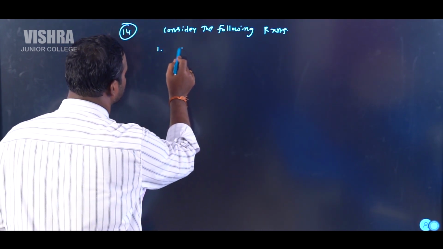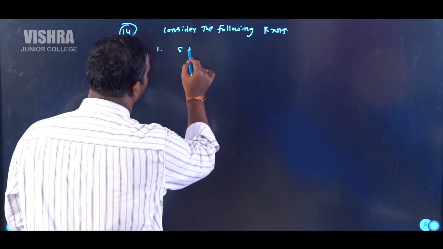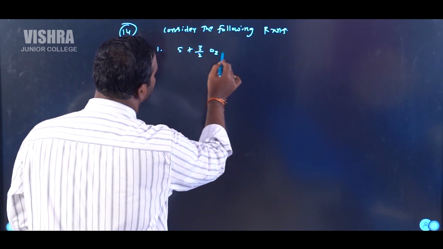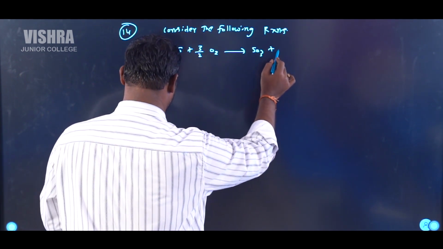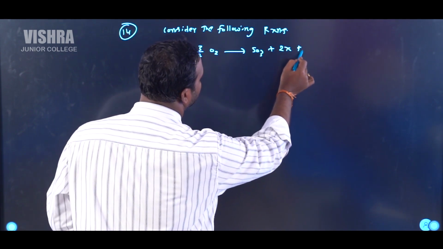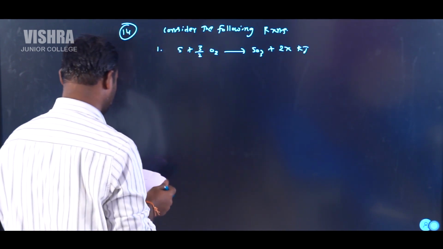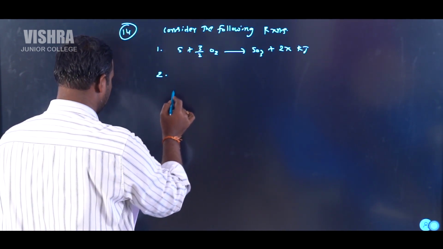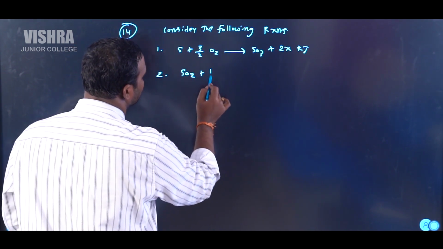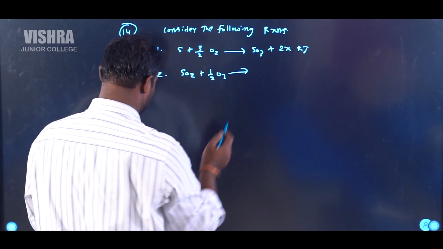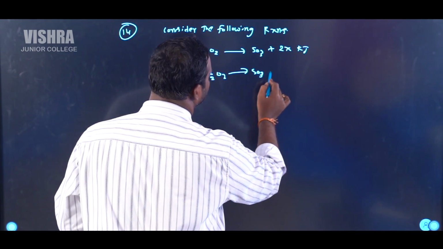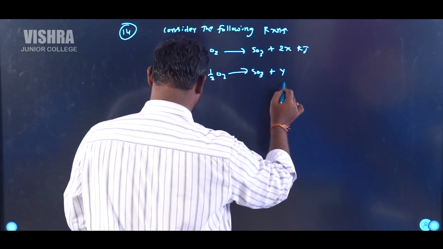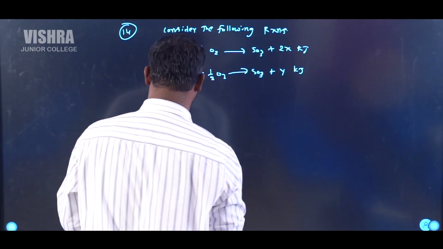First one is S plus 3/2 O2 gives SO3 plus 2x kilojoules. Second one is SO2 plus half O2 gives SO3 plus y kilojoules.